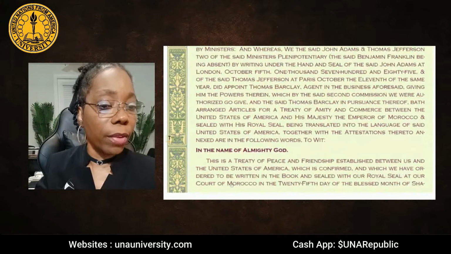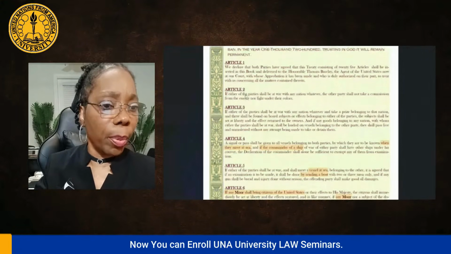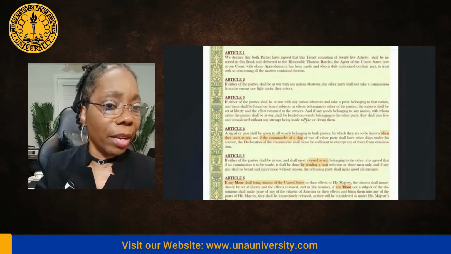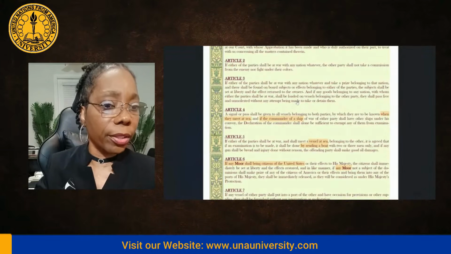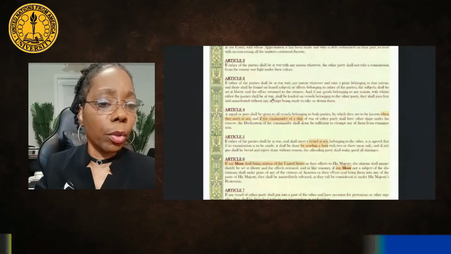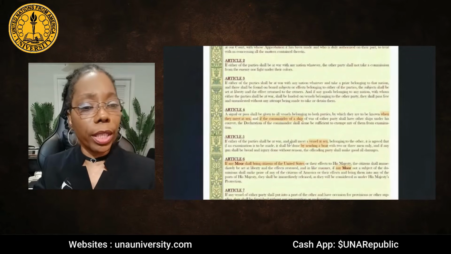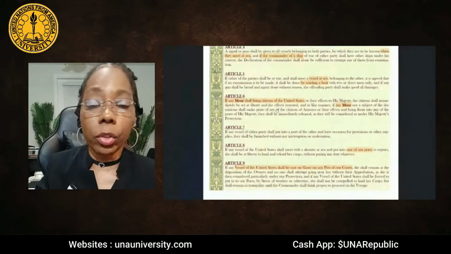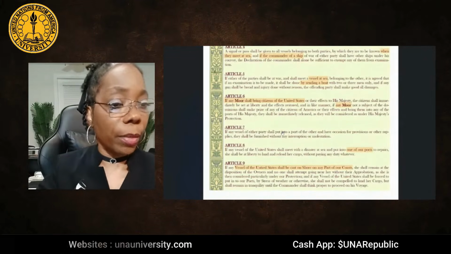Article 2, if either of the parties shall be at war with any nation whatever, the other party shall not take a commission from the enemy, nor fight under their colors. I'm going to go out here to Moor, because I need to understand what Moor is. I want you to notice how everything deals with at sea, or a ship, or sending something on a boat.